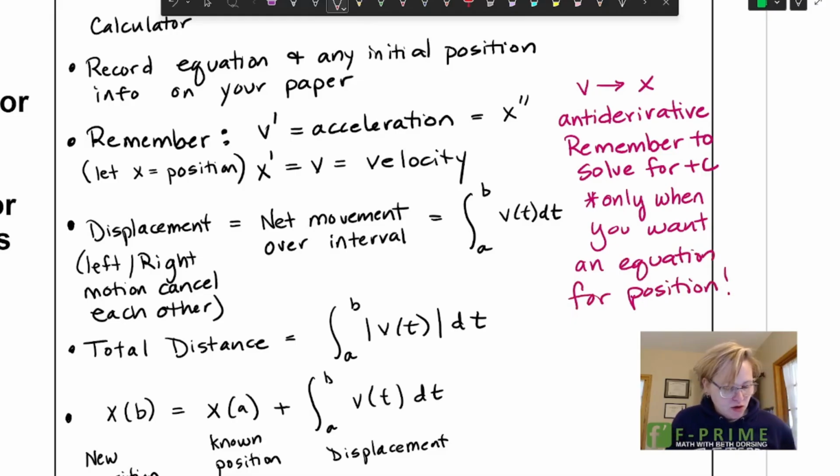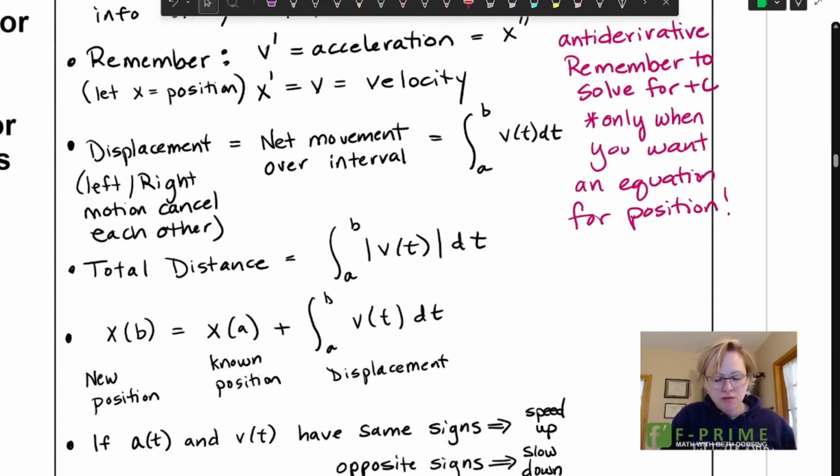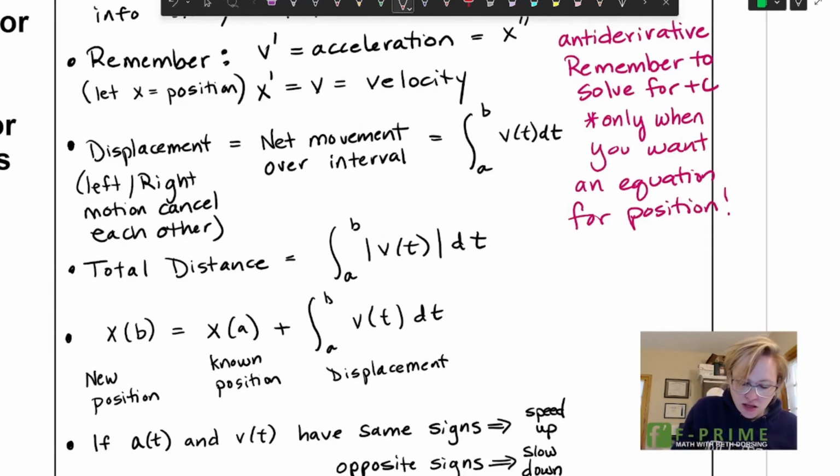Okay, so other things that you're typically going to be asked for is potentially the displacement. So the displacement is kind of the net movement over an interval. So that's simply the integral from a to b of v of t dt. And remember, when we integrate a rate, anytime we do the integral, if velocity is meters per second, then when we do the integral, we turn into meters.